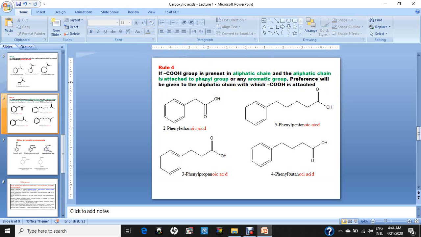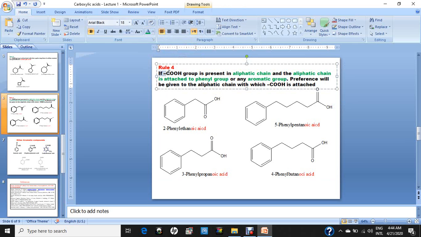Why? Because the carboxylic group, which is the strongest group, is attached to the aliphatic chain. It is not attached to the benzene ring.